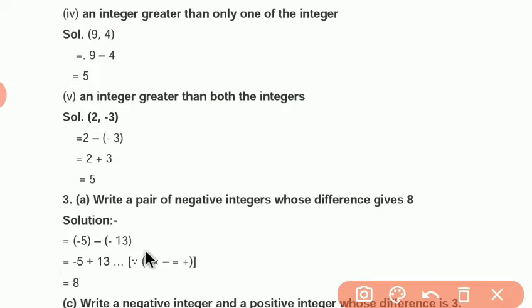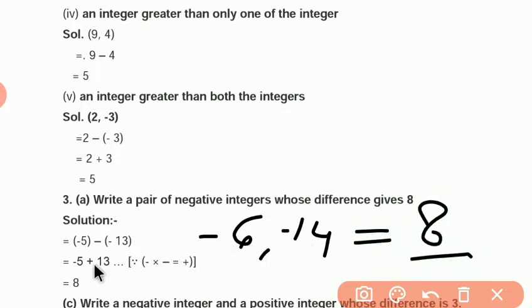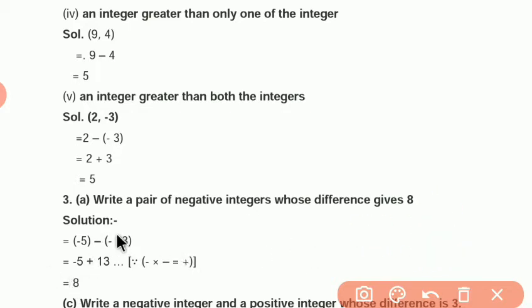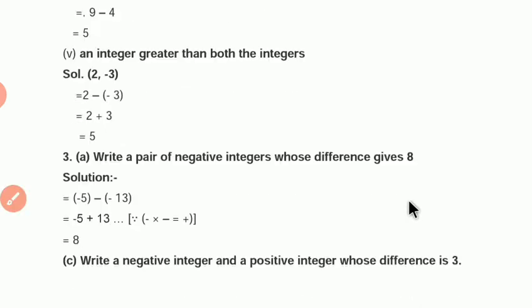Instead of -5 and -13, you can also take -6 and -14. If we subtract -6 and -14, we will get the answer as 8 only. So here you can see that -5 and -13 is a pair of negative integers, and if we find the difference between these two integers, we will get the answer as 8.